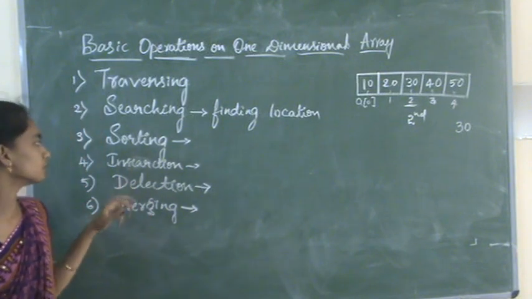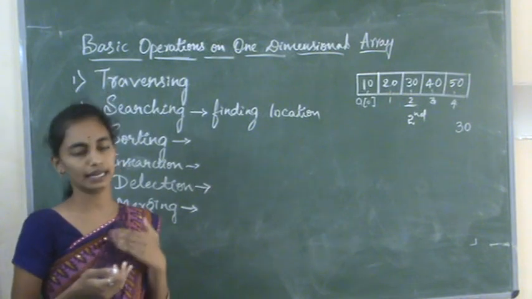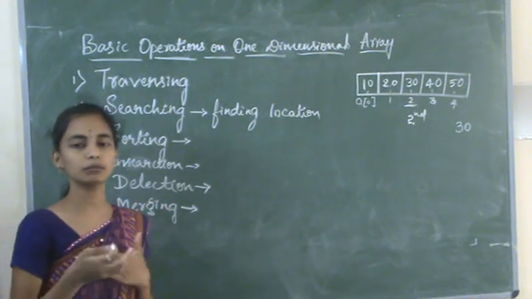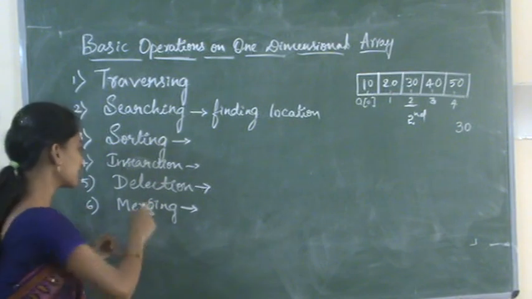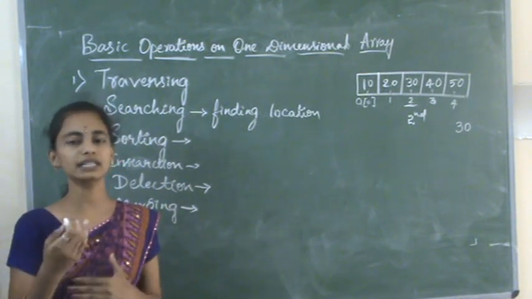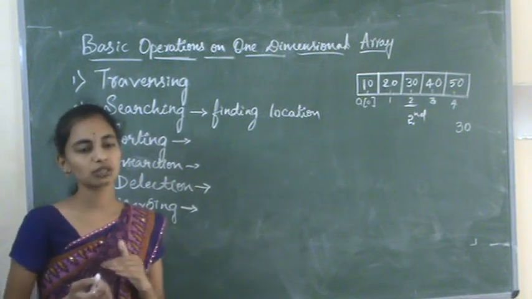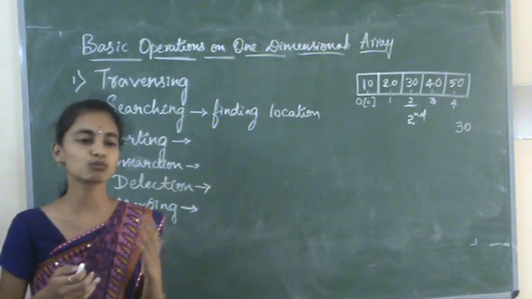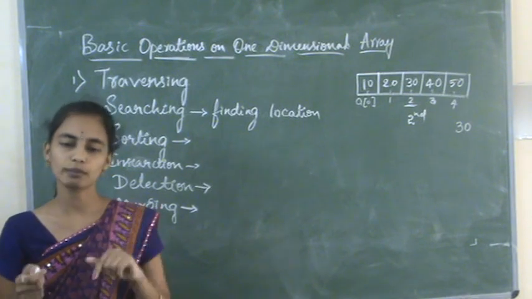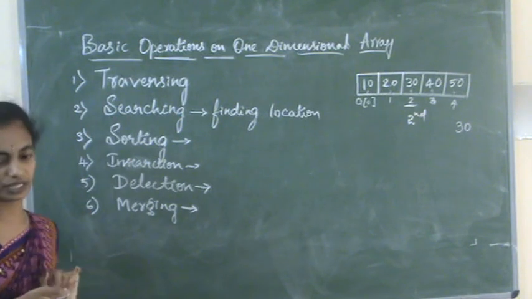Next, insertion. Insertion means inserting an element into an array. Next one is deletion, deleting or removing an element from an array. The last one is merging. Merging means combining one or more arrays to form a single array. So these are the basic operations.